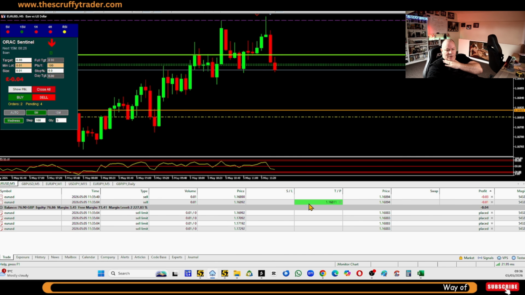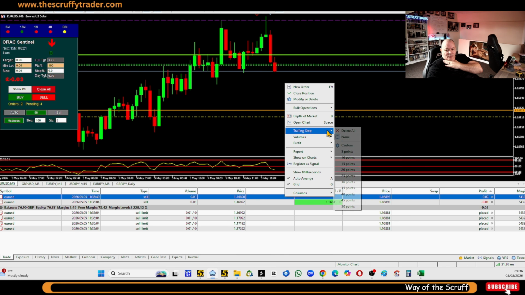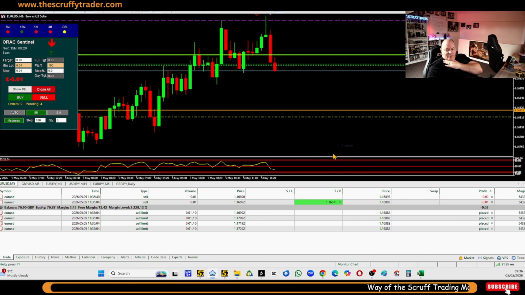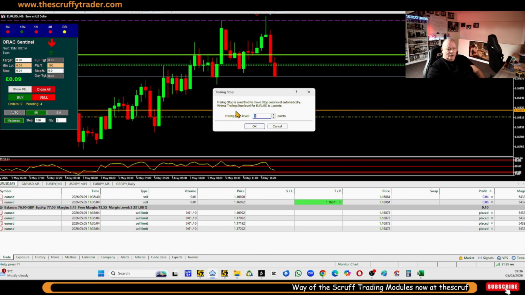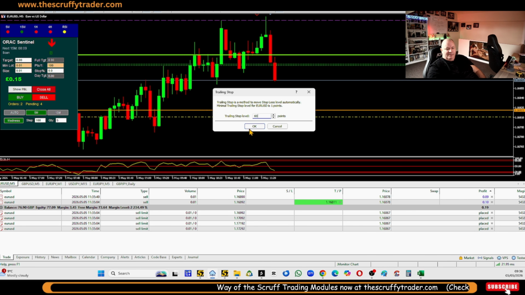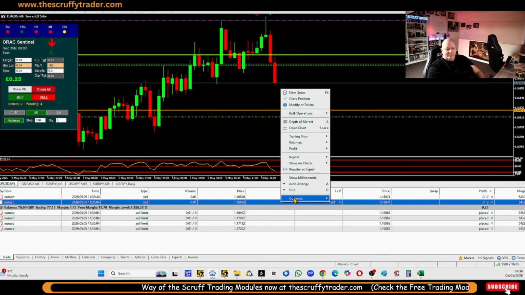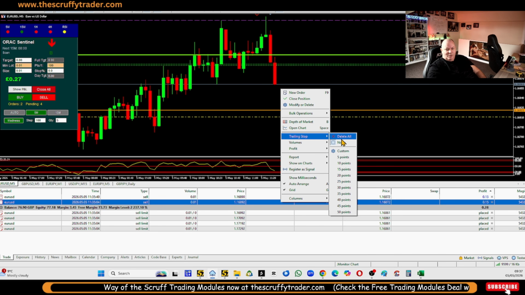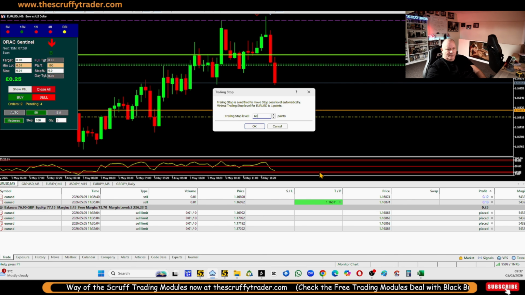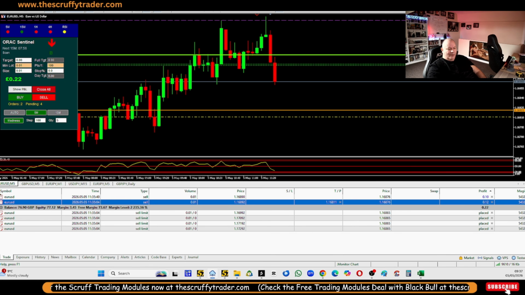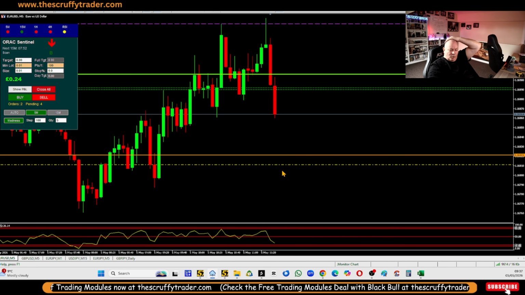And what we're going to do is we're going to put the other one with a trailing stop. Now the trailing stop, I'll just pull this into shot. We're going to run it 60. So every time that moves, and then we're going to put that one on 60 as well. Custom 60. Okay. Right. So what we worked out there is roughly how many points we need to get to 60p.